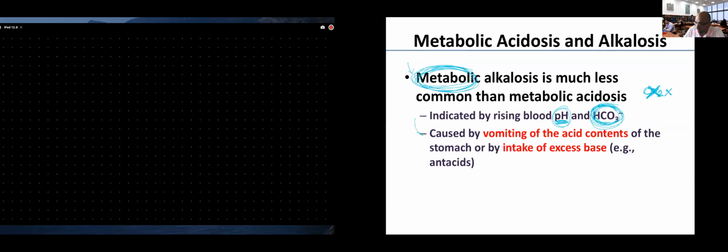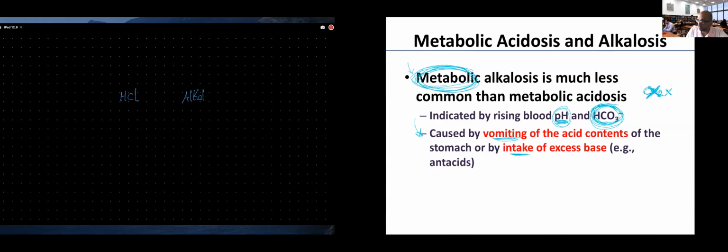All right, so what might cause metabolic alkalosis? If a person has excessive, persistent vomiting, what will happen? I am losing lots of acids, hydrochloric acid, from my system. So if you keep losing acids, who's going to take the upper hand? It's the alkalis. So I develop alkalosis instead.